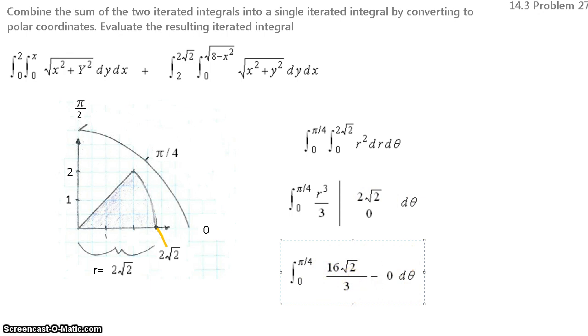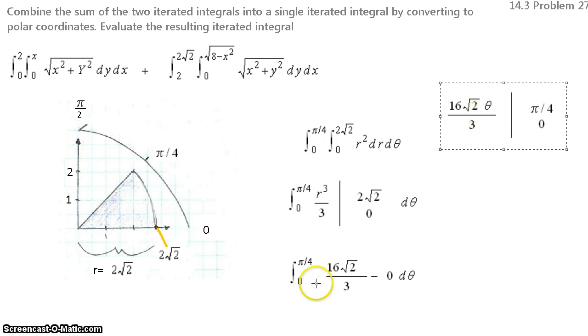Nothing tricky about this. Then we want to integrate in terms of theta. So we're going to get this. Again, very straightforward. We've just got a constant that we're integrating. And then we evaluate that, and we get our answer.